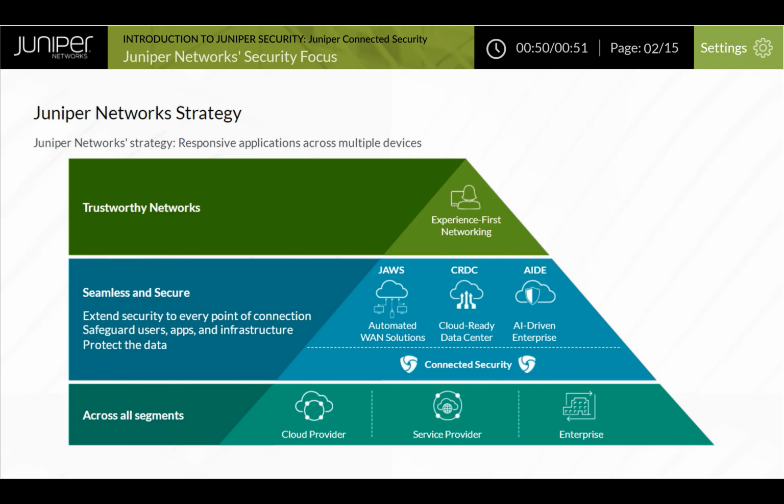If you are running an enterprise network, you design your network and propose the security solution which is perfect for you. If you are running an enterprise, you need AI-driven enterprise, you need automated one solutions. If you have no data center, you do not need the cloud-ready data center solution.